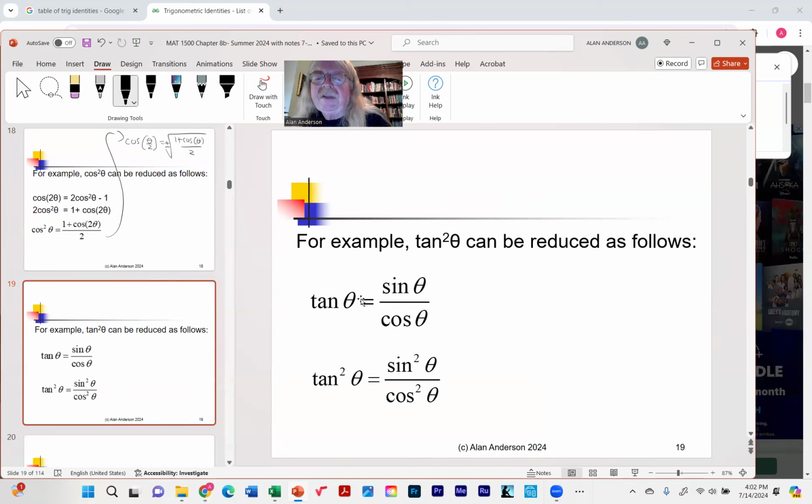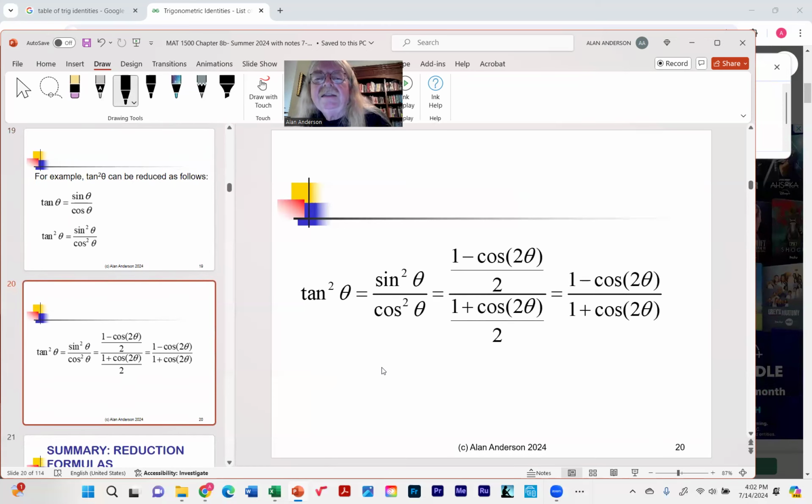For the tangent, remember tangent theta is sine over cosine theta. If we square it, everything gets squared in the expression. And then if we replace the two half angle formulas that we just created, this is the final result. Okay, that's just algebra.